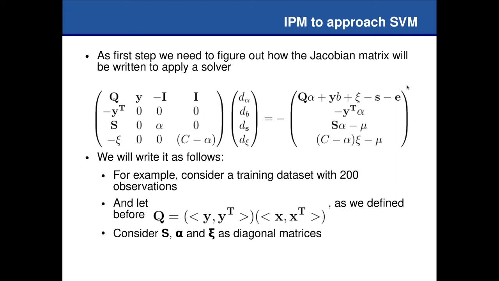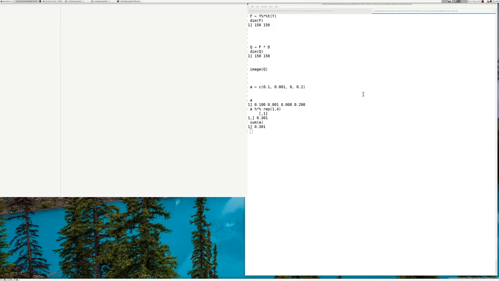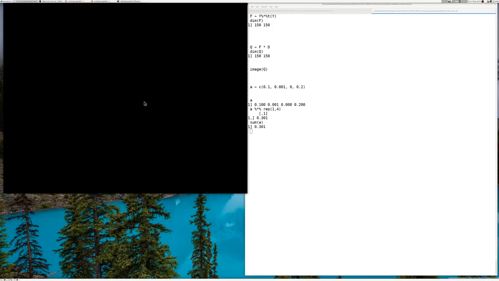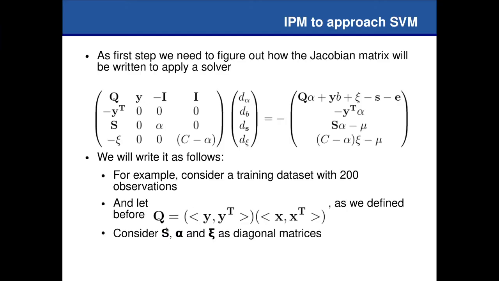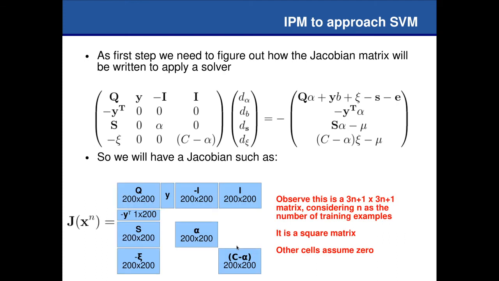I did it here using R, right? Okay. Our matrices, our variables S, alpha, and psi will be diagonal matrices because that makes it easier to compute the inverses and everything. Just easier. That was my decision, actually, after trying to solve it.